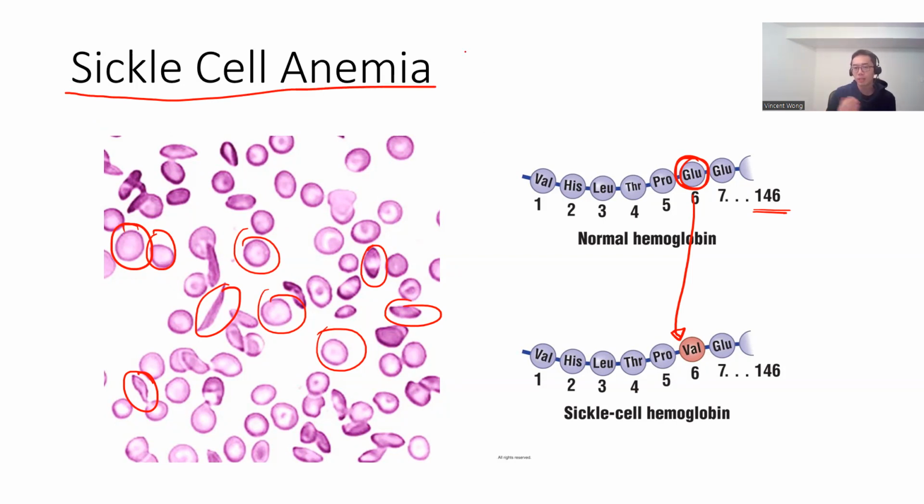Some of you might have heard of this before. People who have sickle cell anemia suffer from fatigue, they're tired, shortness of breath, and in some severe forms it's quite painful as well because these red cells get stuck in blood vessels and it causes pain.